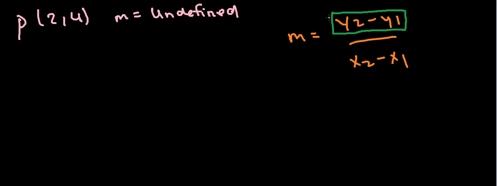Our numerator, which means that our y's are equal to each other. So that means that y is not changing. So if I had a graph, and I want to draw a line that does not change.